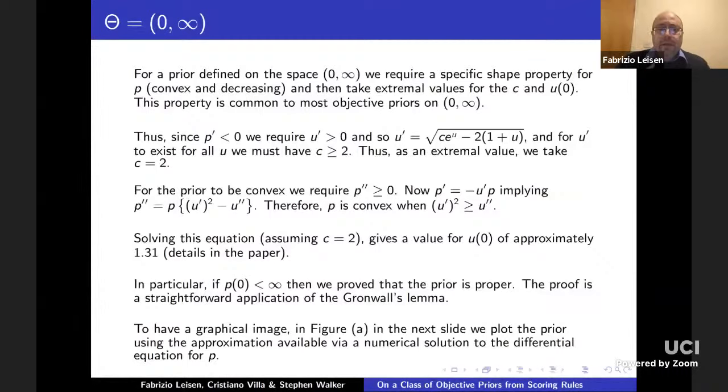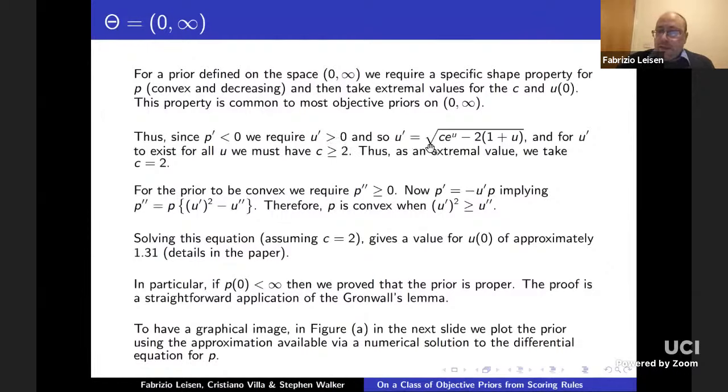And so if we want a prior that is decreasing, we have to ask that the derivative of the prior is negative. Now, in this case, for the way that the prior is defined as the exponential of minus u, p prime is equal to minus u prime p. This means that in order to achieve that the prior is decreasing, we need to ask that u prime is positive.